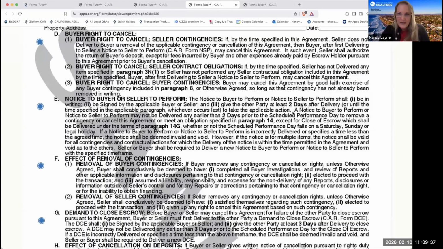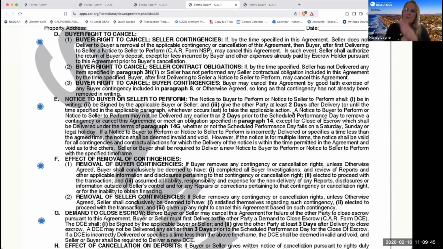The buyer has the right to cancel if the seller doesn't do what they're supposed to do, doesn't deliver the information that they were supposed to deliver, or if the property doesn't suit. All of that should be removed in that 17-day period, or longer or shorter, depending on what you wrote into the contract.